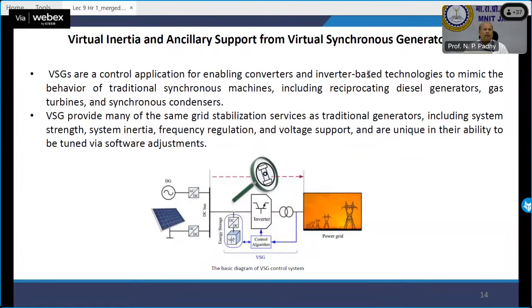VSGs provide many of the same grid stabilization services as traditional generators, including system strength, system inertia, frequency regulation, and voltage support, and are unique in their ability to be tuned via software adjustment.